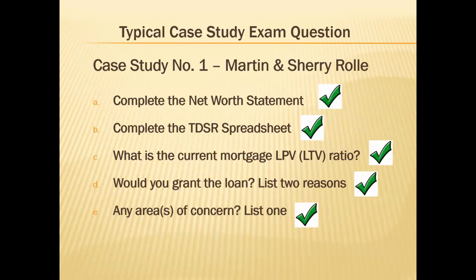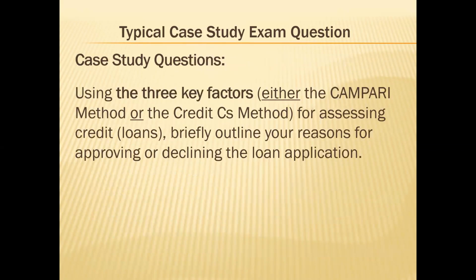Okay, so with case study questions, the question will come up using the 3 key factors, either the CAMPARI method or the credit Cs method for assessing credit loans. Briefly outline reasons for approving or declining the loan application.